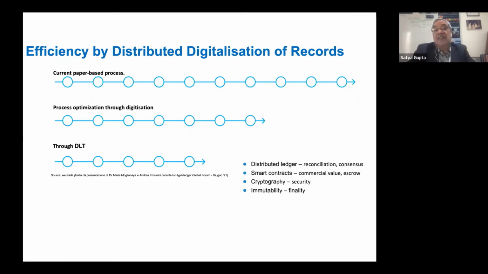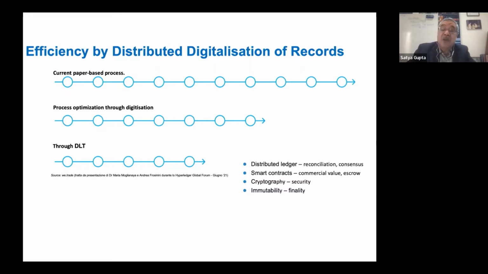With a distributed ledger, reconciliation and consensus can be done through that. You will know that. Smart contracts, this is a great application of blockchain. Commercial value, an escrow account kind of facility, you can do without having a bank in between, without having a middleman in between. Then for security, we use cryptography. Otherwise, there are so many cumbersome ways of providing security, but cryptography is automatic.